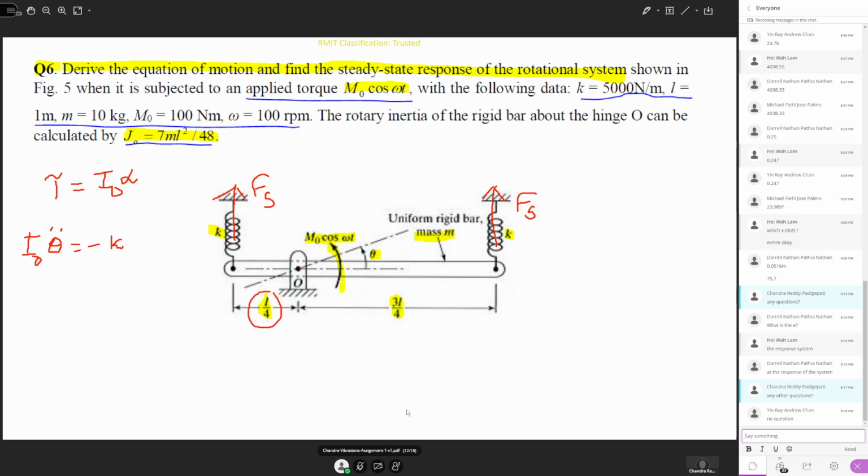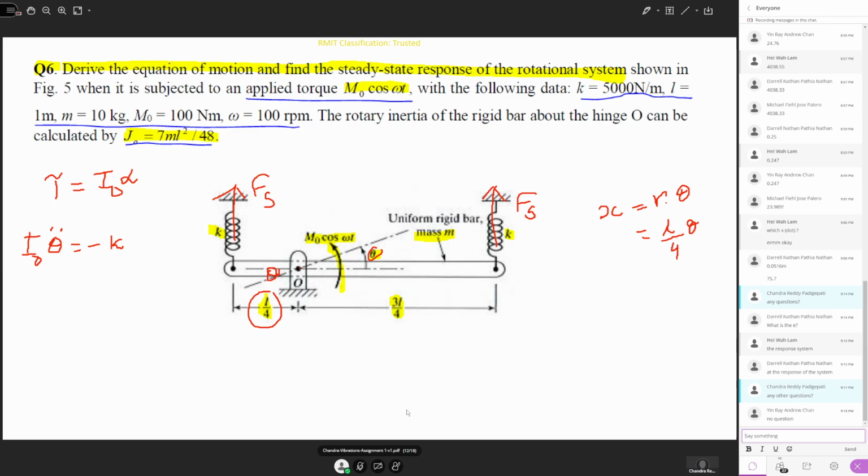Theta is the angular displacement, X is the linear displacement. So you can write X is equal to R into theta. What is R in this case? R is L by 4. The linear displacement is R times the angular displacement, L by 4 into theta.